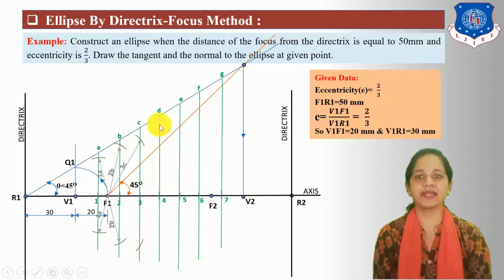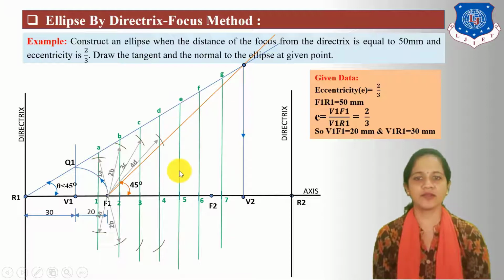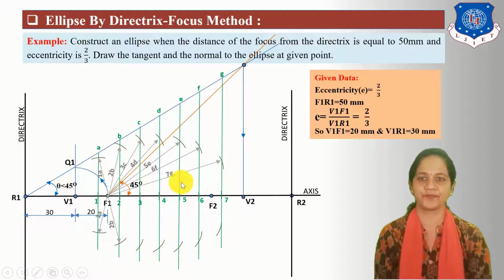Similarly, next take radius 4D, center F1, and cut two arcs on the 4D vertical line. Next take radius 5E, center F1, and cut two arcs on the 5E vertical line. Similarly, cut two arcs on the 6F vertical line and the 7G vertical line.